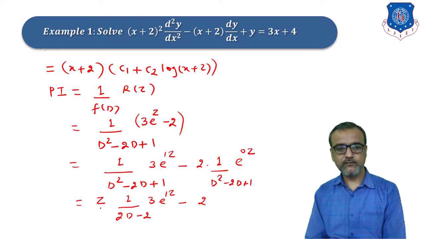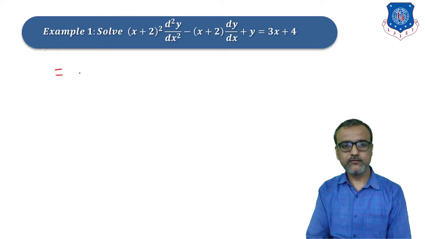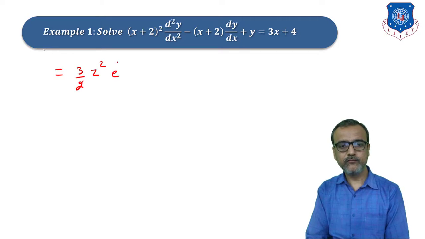So it will become z square into 3 by 2 into e raised to z. So this is equal to 3 by 2 z square e raised to 1z minus 2.